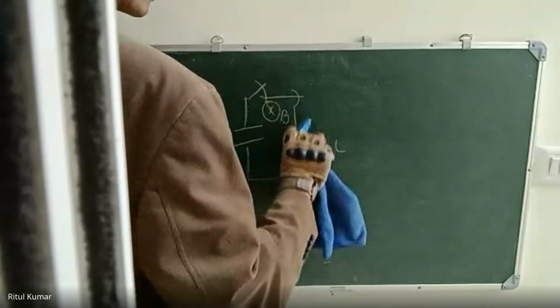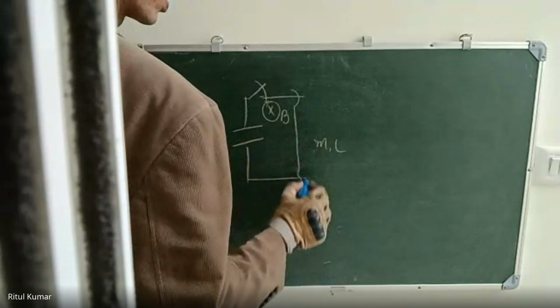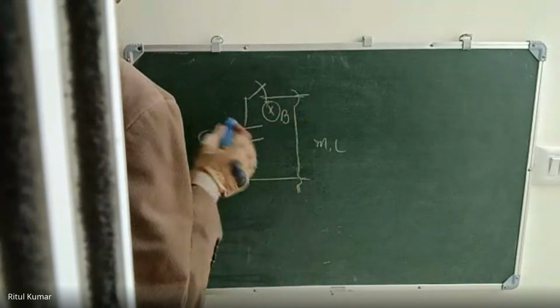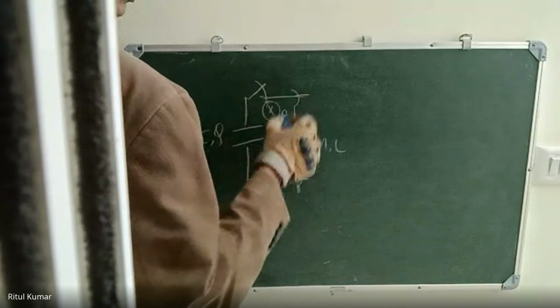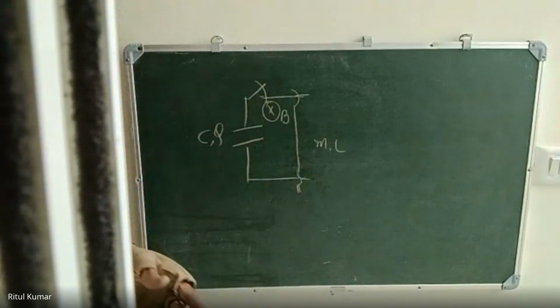Let us remove R. There is no R. Initially, this capacitor C with charge Q is charged fully and was not connected to the system, then you connect it.